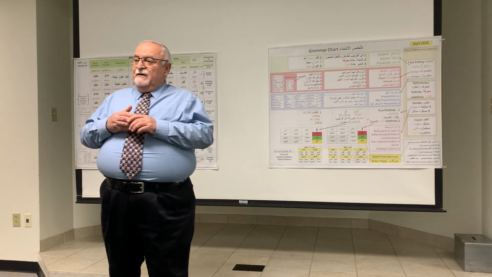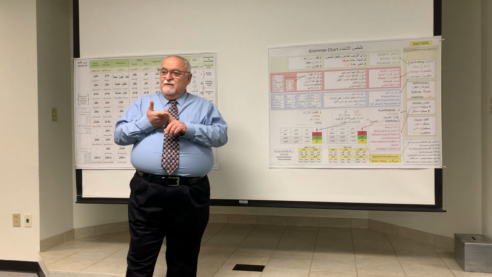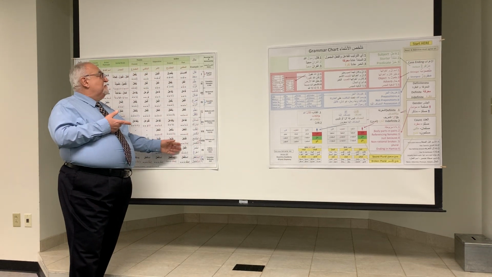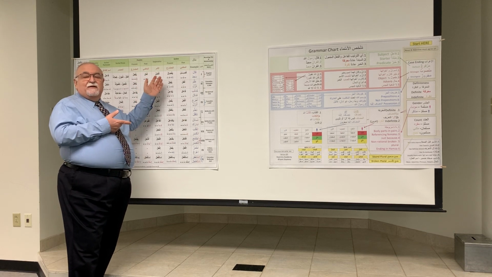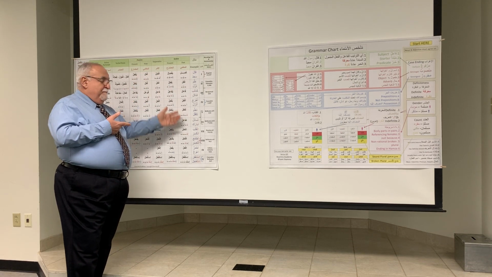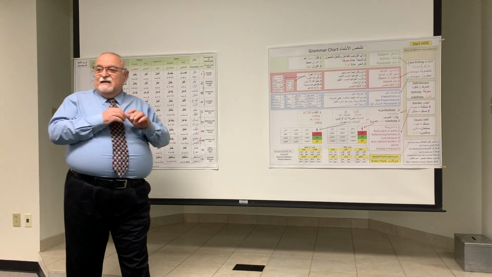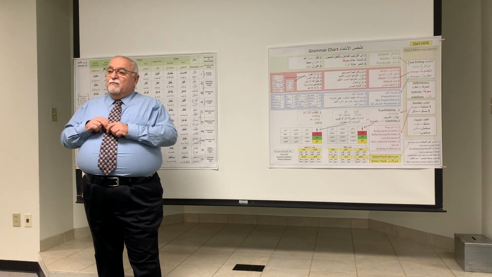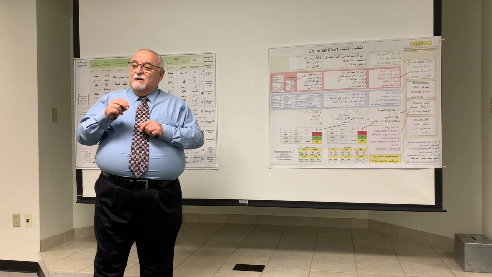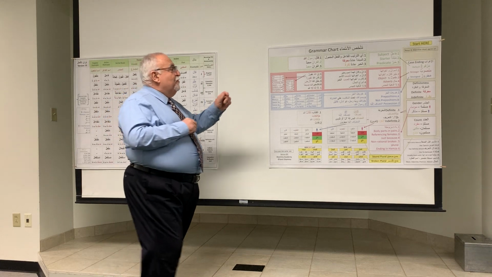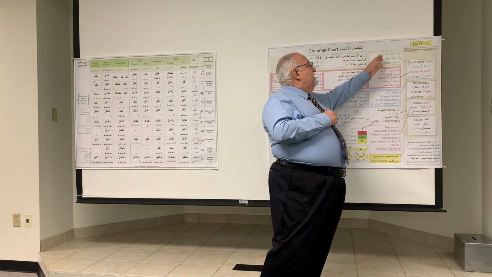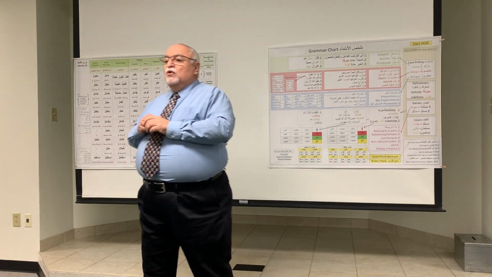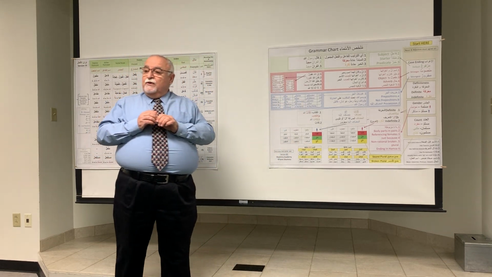And the structure is a verb, and we will talk about verbs later on. When we talk about the different types of verbs, we will talk about their present, past, active and passive, the different forms. That's a subject for another day. So we have a verb followed by a subject, and the subject is always, as we know from our subject chart, marfu', always أكل الرجل or أكل رجل.